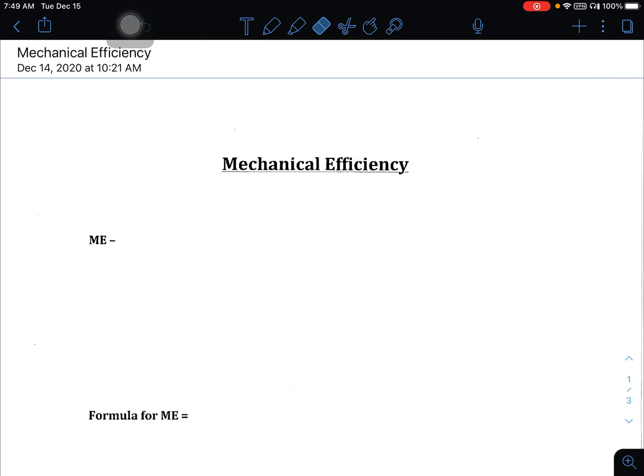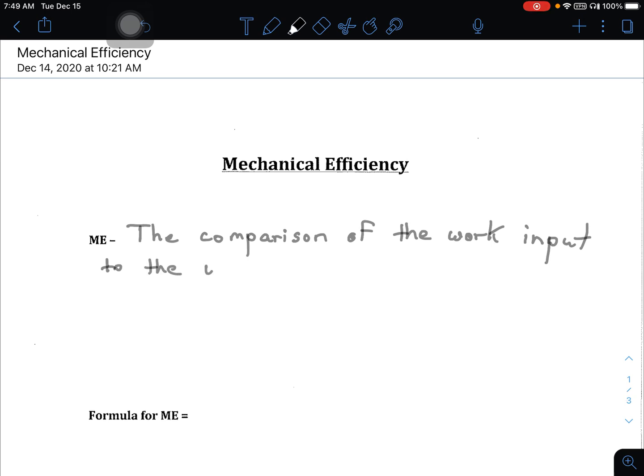So, we can define mechanical efficiency as, let me get my pencil, a comparison of the work input to the work output of a machine.